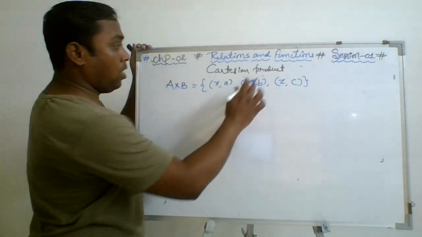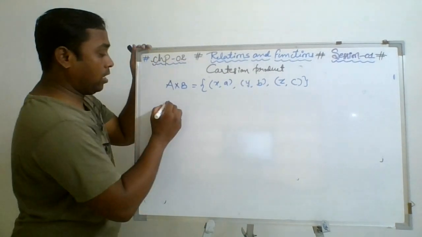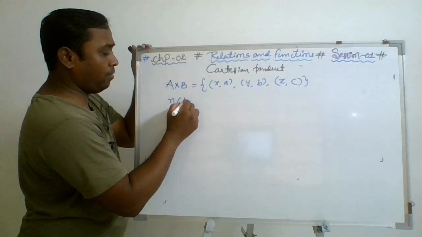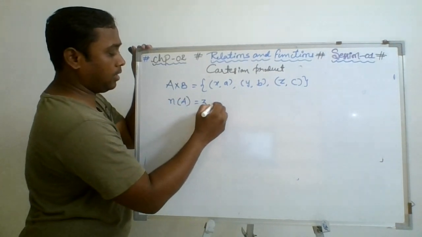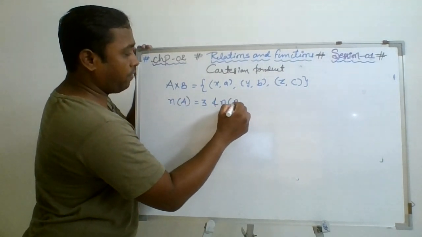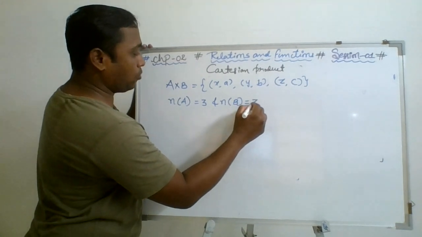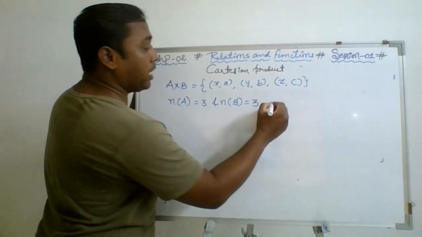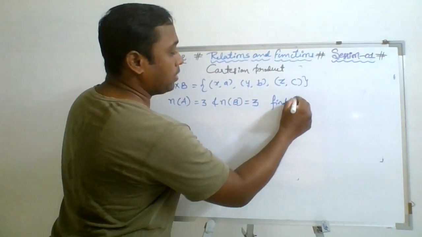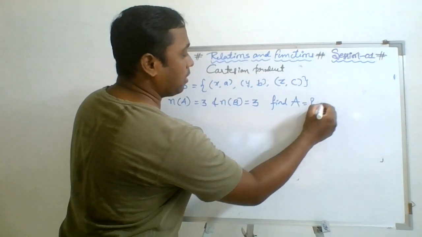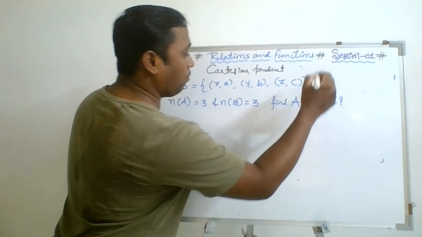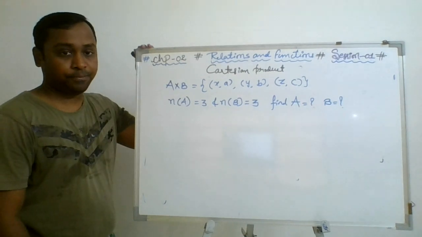Correct? Now I also mentioned that the number of elements in set A is 3 and the number of elements in set B is also 3. Then find set A and set B. What are the actual sets?